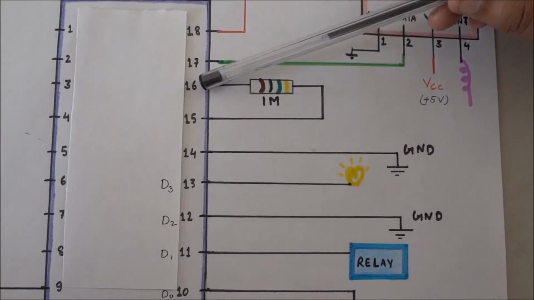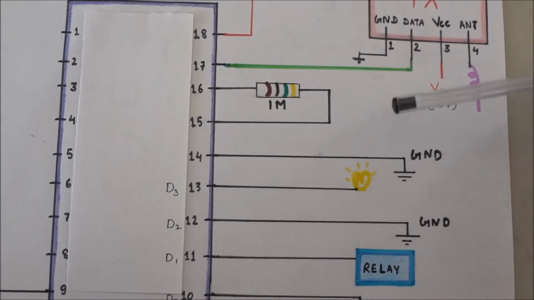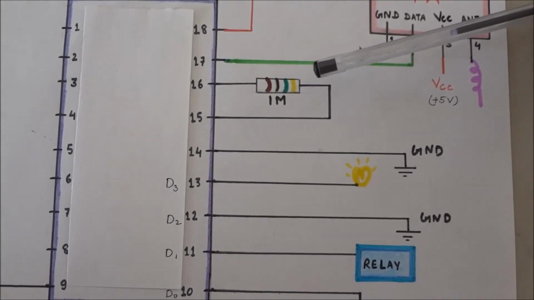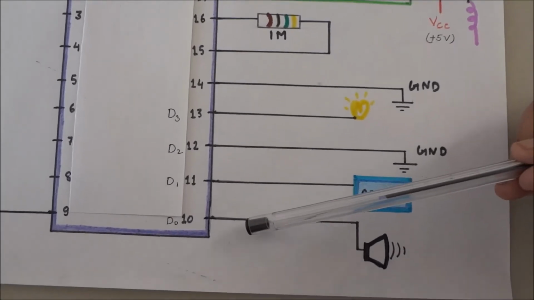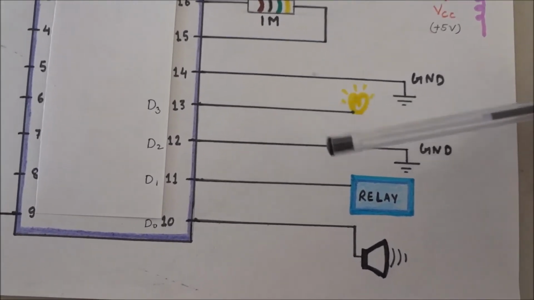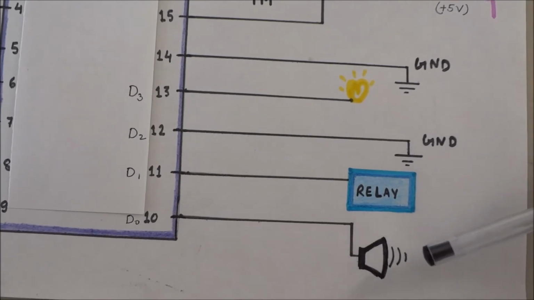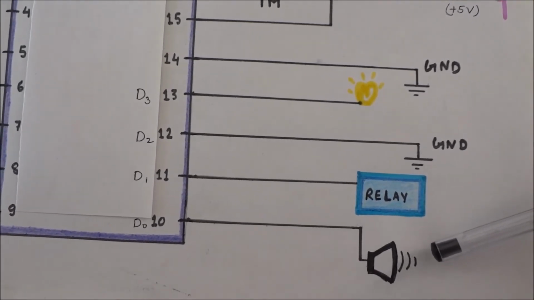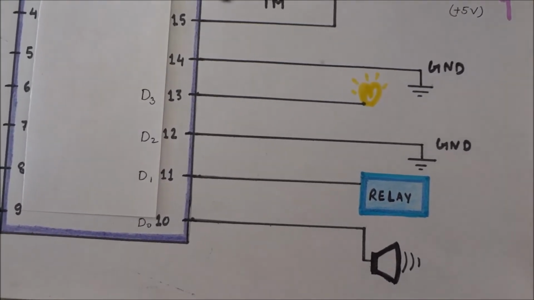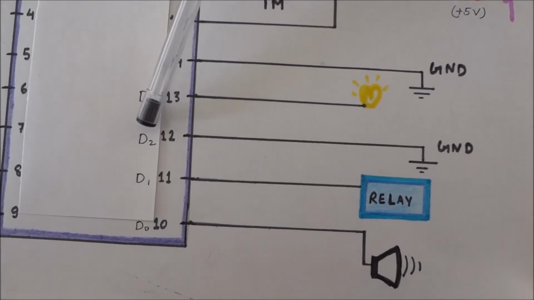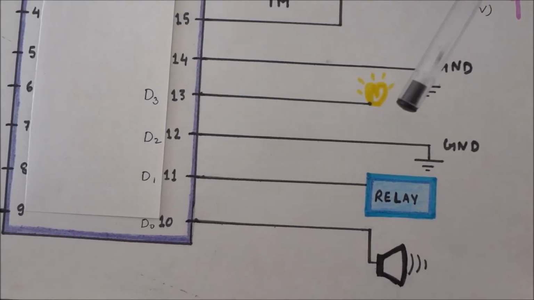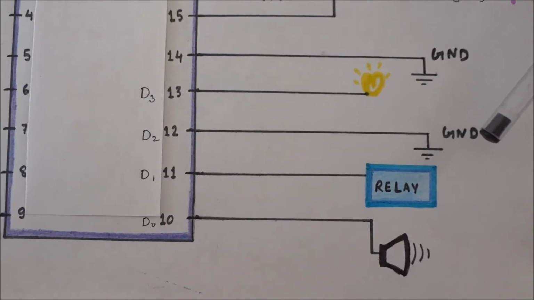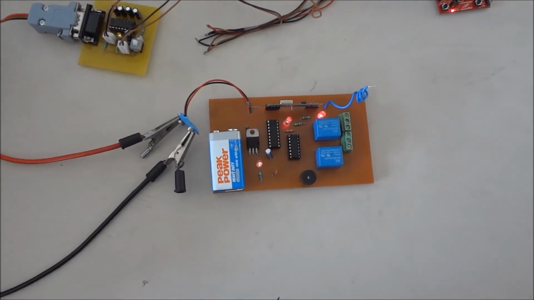Pin number 16 and pin number 15 are shorted via a 1 megohm resistance. Pins 10, 11, 12 and 13 are the data pins which send signals and control the relay, buzzer and LED, and pin D2, which is of no use, we have grounded. Moving on towards the receiver circuit.